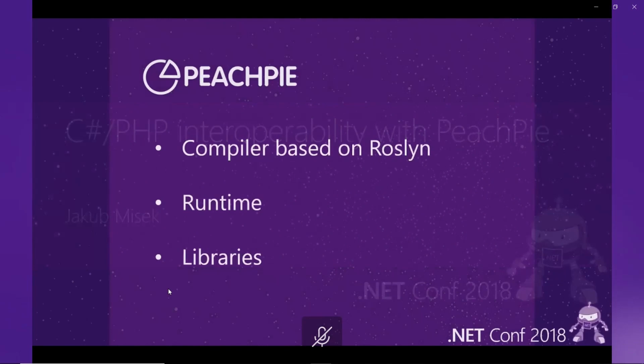So let me start with a short introduction about PeachPie. It's like an entire platform. It contains a compiler, which is based on Roslyn. So there is an entire code analysis project that takes a bunch of PHP files and analyzes them, creates all the trees and semantic trees, and outputs the DLL file.